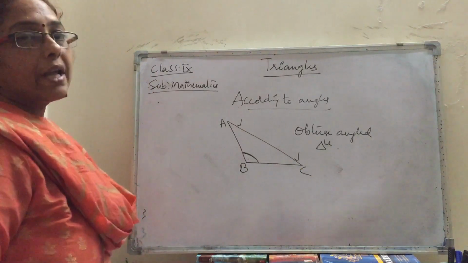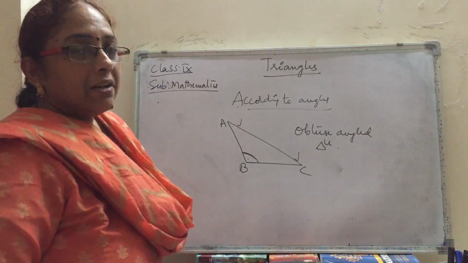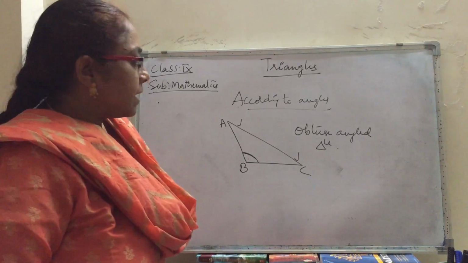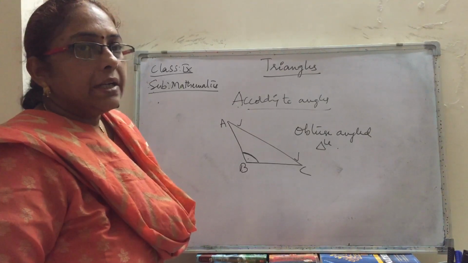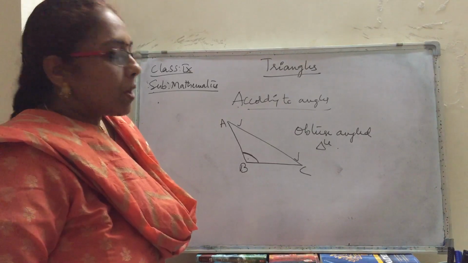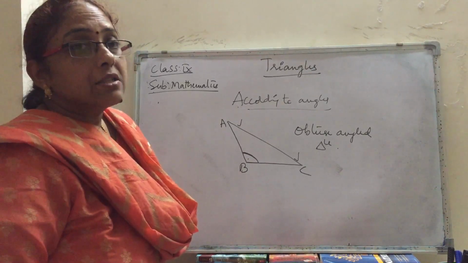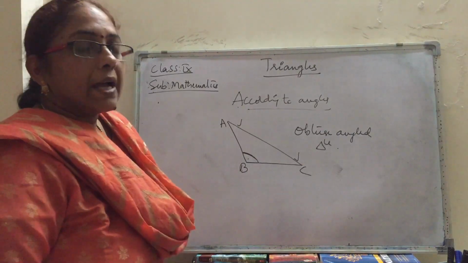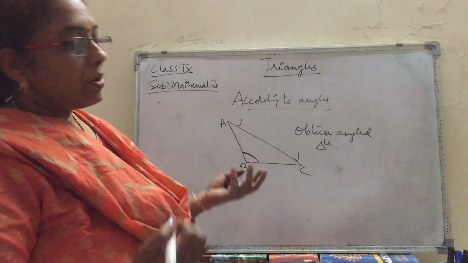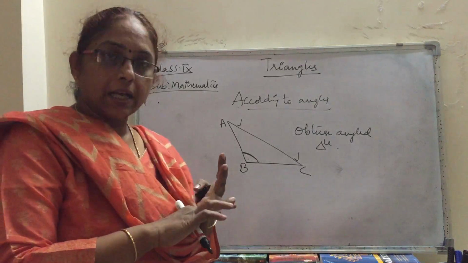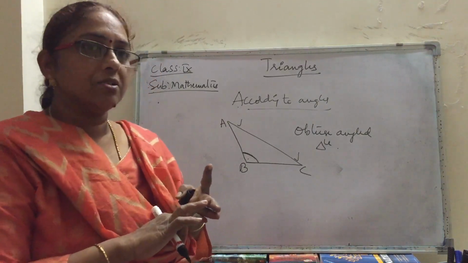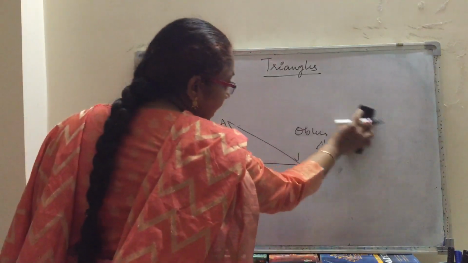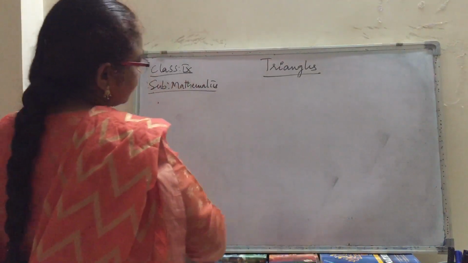They are also acute angles here. Can we take two obtuse angles in one triangle? No, because the sum of three angles must be equal to 180 degrees. According to the angle sum property, we cannot take two angles as obtuse. Is it clear, children? So according to angles, how many types of triangles do we have? Acute angle triangle, right angle triangle and obtuse angle triangle. These are the types of triangles we have according to sides and according to angles.